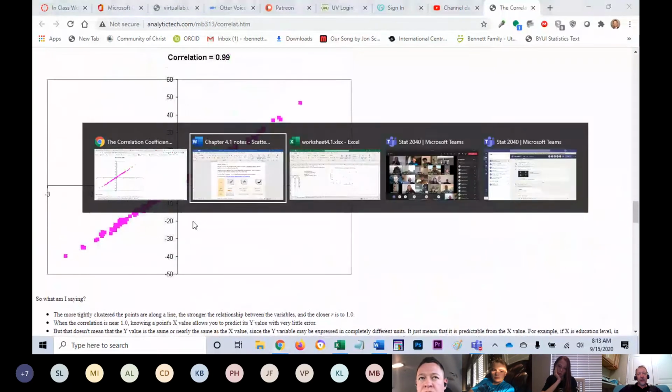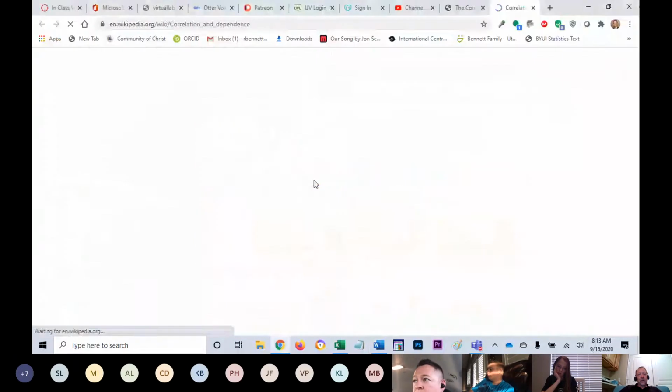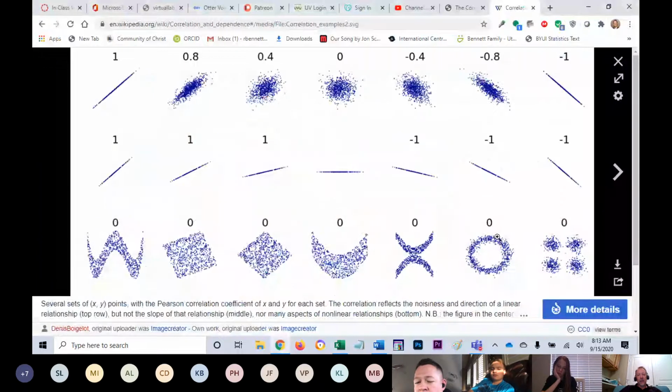Now, I also want to show you another link here. It's important to make sure that when you're looking at your data, you always look at a scatter plot first, okay? So once again, this is perfect correlation.